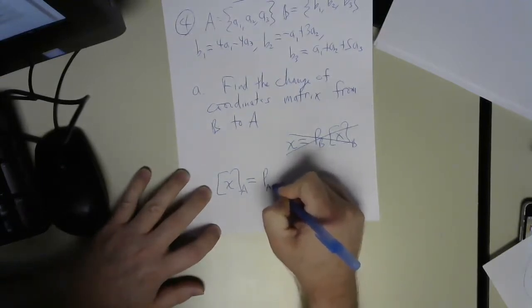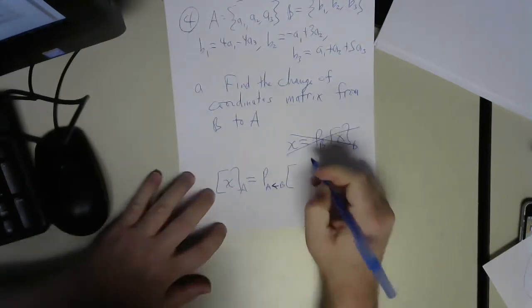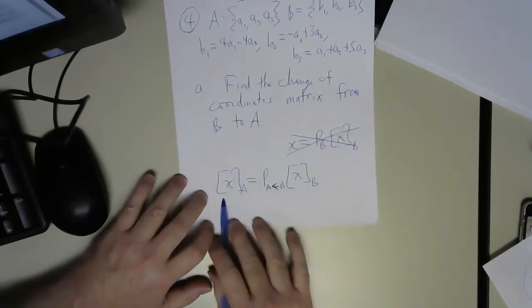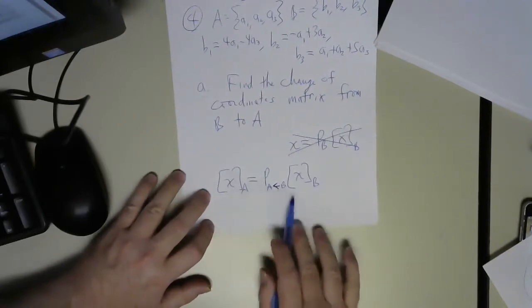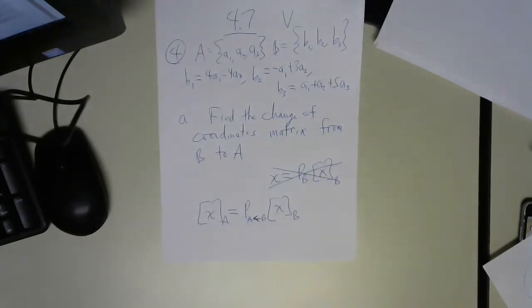So here's the notation for the change of coordinates matrix from basis B to basis A. But it essentially just takes coordinate vectors with respect to basis B and changes them into coordinate vectors with respect to basis A. All right, so that's what this is in this section. So it's a little bit different of a change of coordinates matrix, but very similar equation.